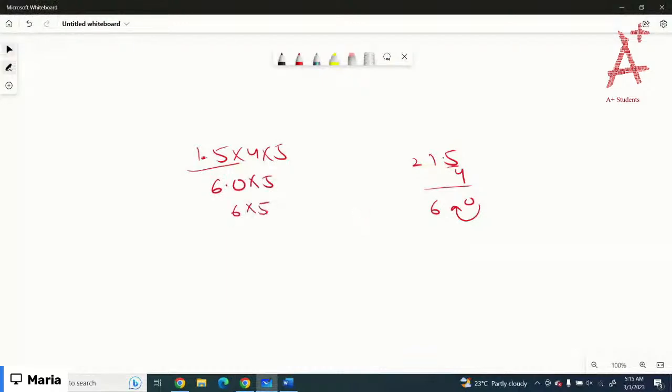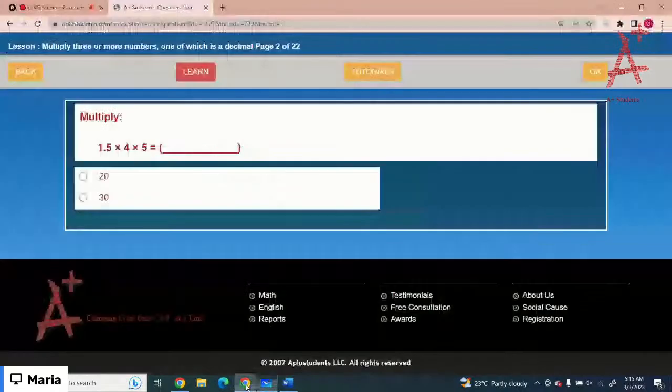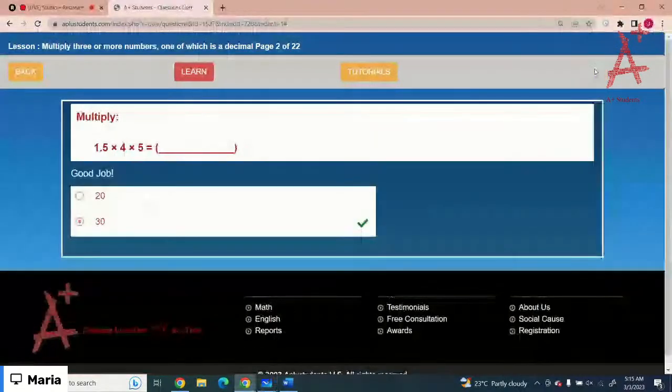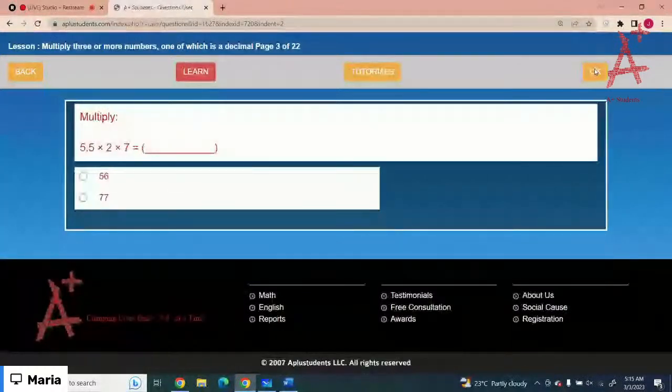Got it? So 6 times 5 is 30. Okay, the next one is 5.5 times 2 times 7.